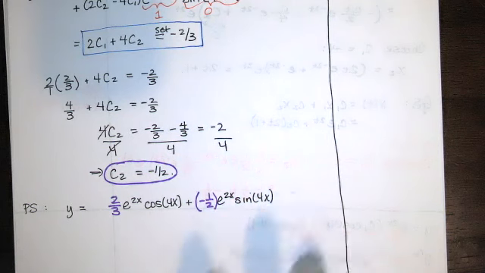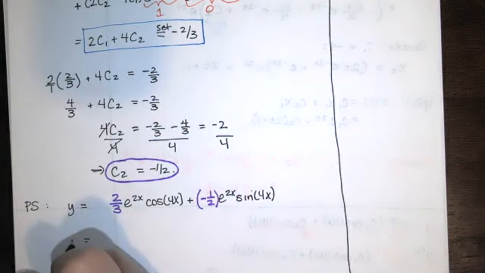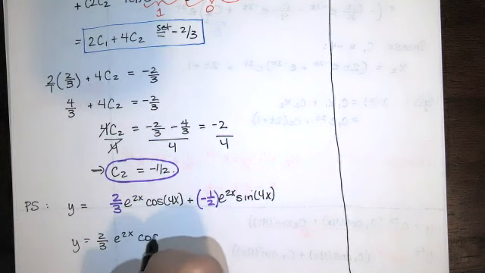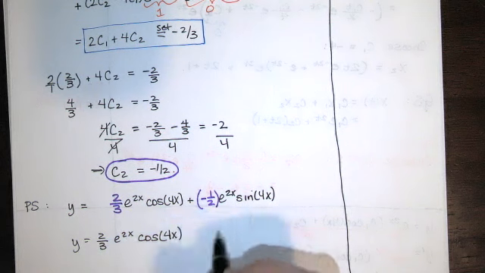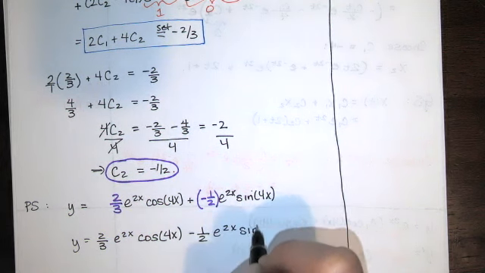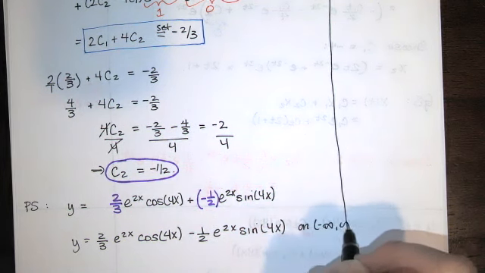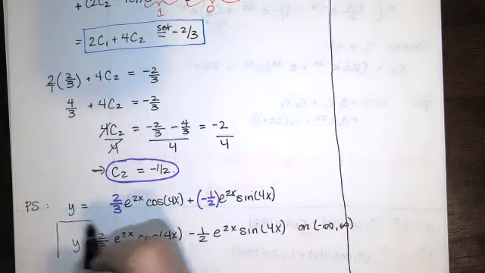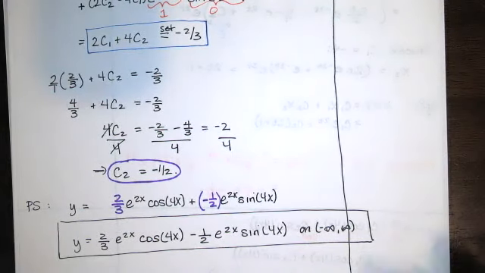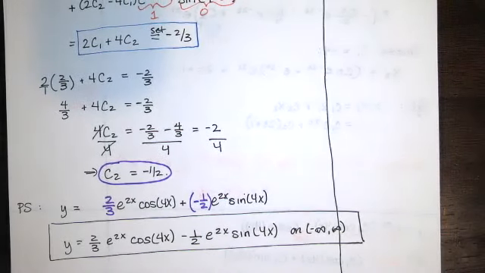If you want to, rather than adding -1/2 times that, you could just subtract that, just to clean it up a little bit. If you want, you could factor out the exponential as well, although that's not necessary. And this function will work. It satisfies both the differential equation and both initial conditions on -∞ to infinity.